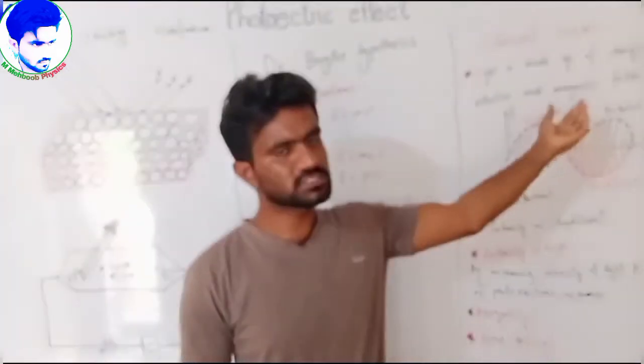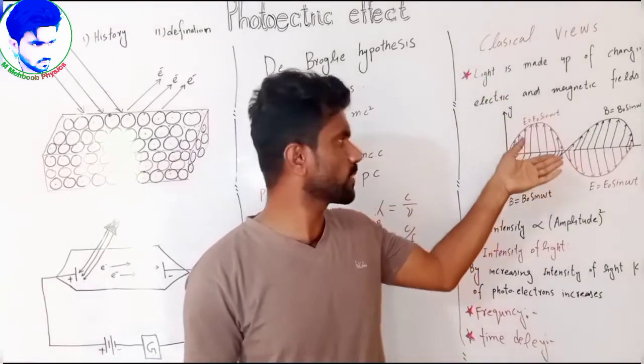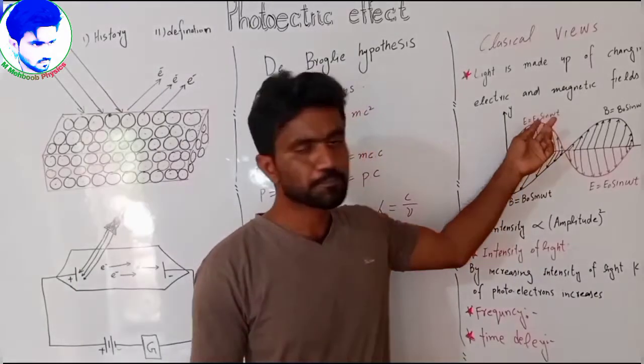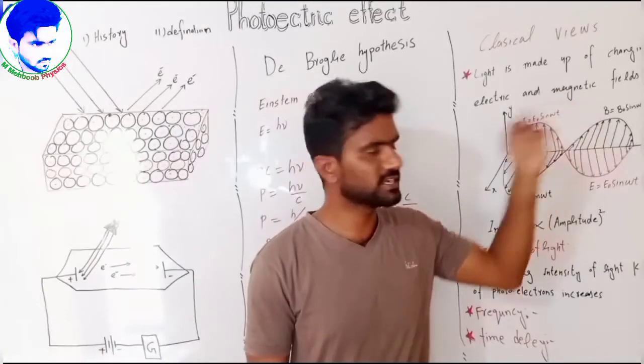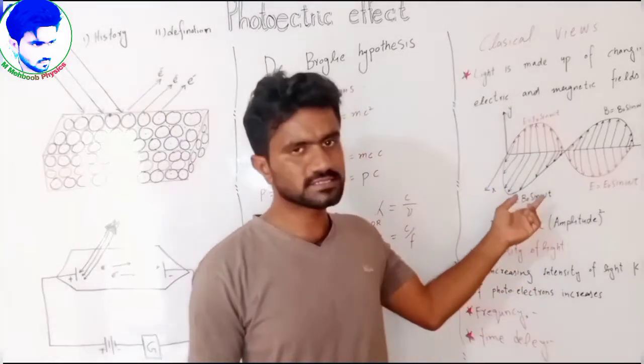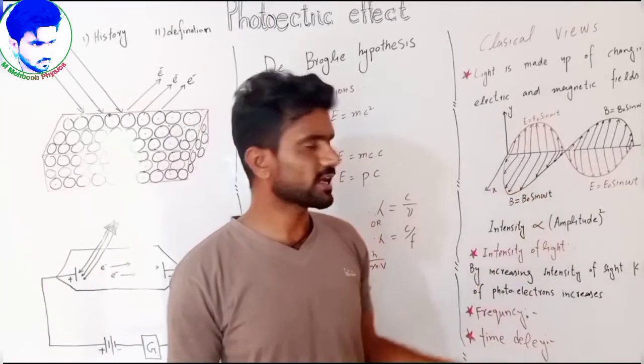The electric field value is equal to E naught sine omega t. E naught is the amplitude of the electric field, omega is the angular frequency, and t is the time. B naught is the amplitude of the changing magnetic field.